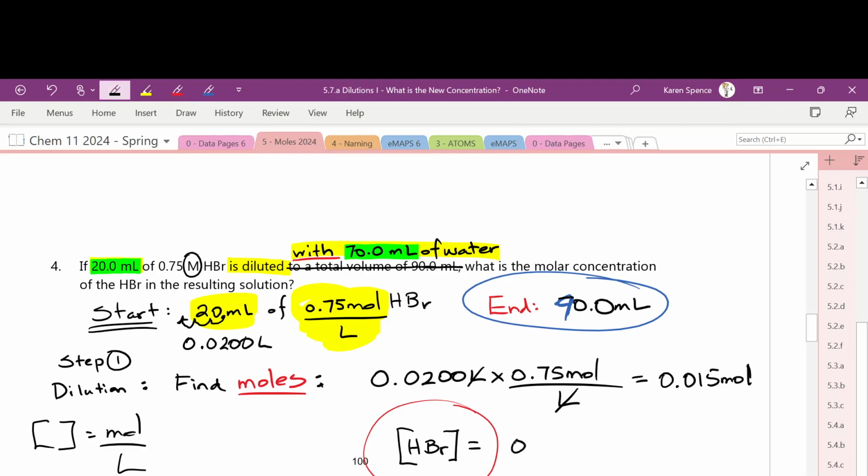And that's equal to moles over liters, which is equal to 0.015 moles divided by 0.0900 liters. And we get 0.17 moles per liter or molar. Yes?